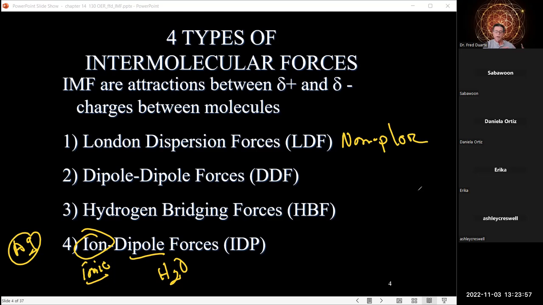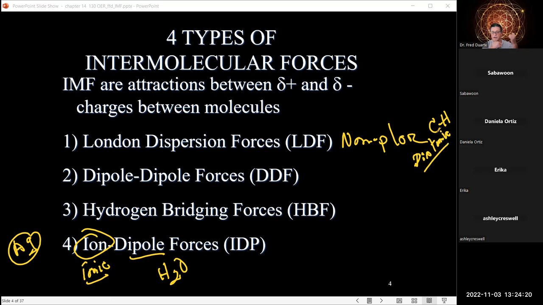And so if any molecule has nonpolar bonds, like the carbon-hydrogen bond, remember the carbon-hydrogen bond? That is a nonpolar bond, okay? So all hydrocarbons are nonpolar. All the diatomics are nonpolar.